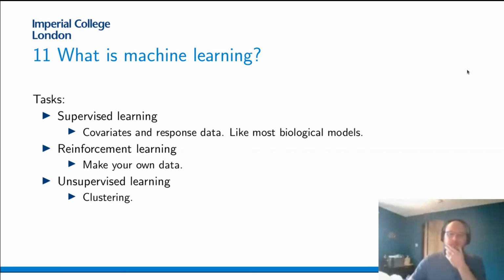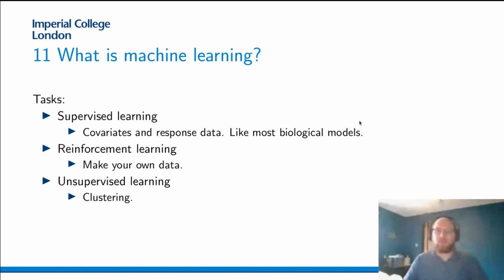So there are three main tasks in machine learning. There's what's called supervised learning. That's where we have some covariates, one or more covariates, and response data, and we're trying to find relationships between those covariates and the response data.